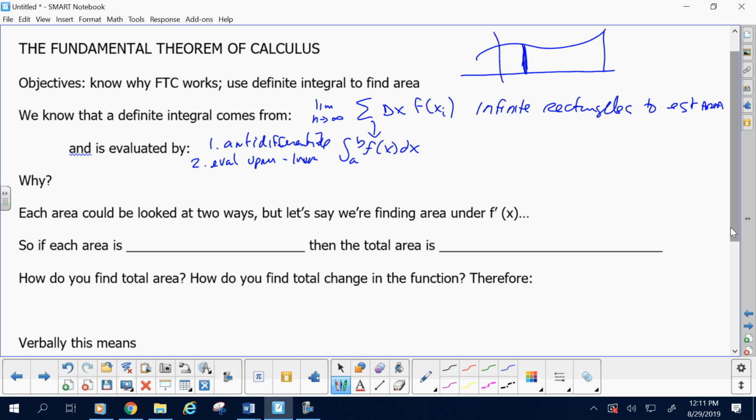Okay, just again to review, I know Ms. Cannon talked about this, but why do you integrate? What does an antiderivative have to do with it? Why do you anti-differentiate? Find the area under the curve. Okay, but why would area under the curve have to do with an antiderivative?